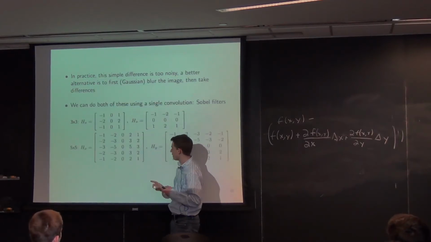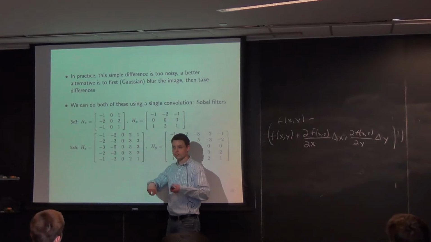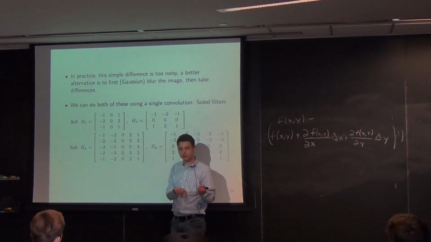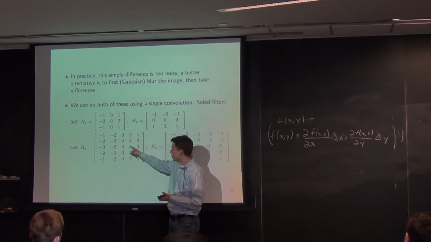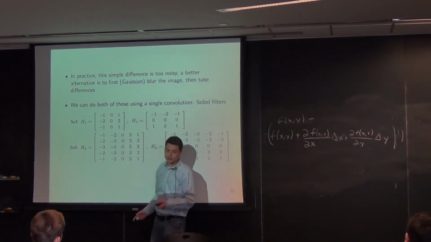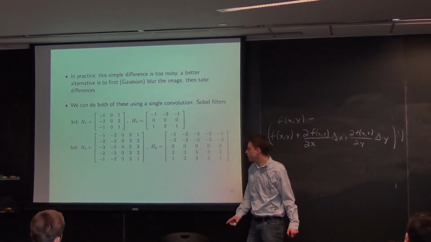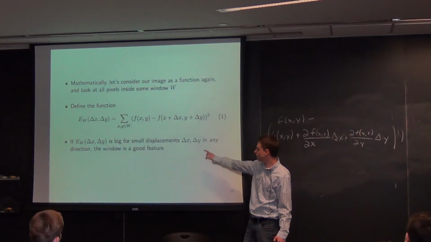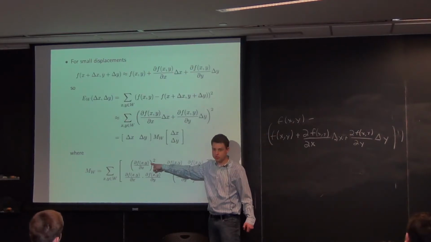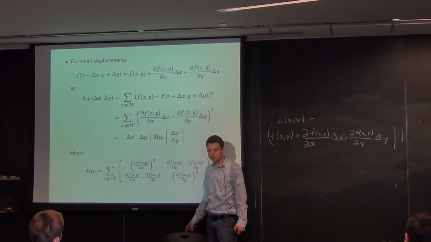But there are slightly nicer ways where you convolve the finite difference with a Gaussian filter to get a smoothed estimate of these gradients. Things like this, which are called Sobel filters, are typically how you do it. So in practice you just run a single convolution of one of these Sobel filters across the whole image.